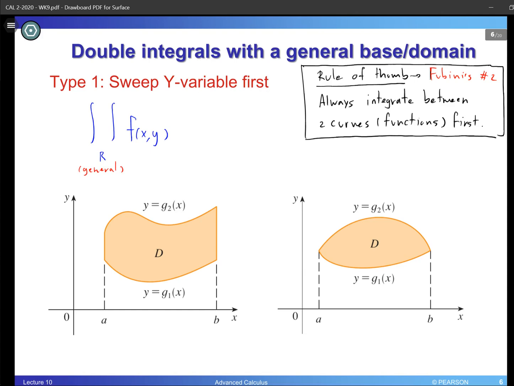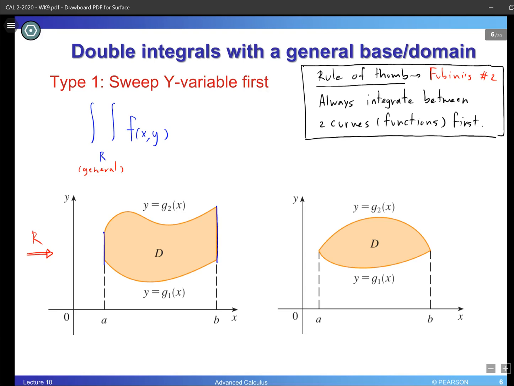So let's assume that the shape is shown right here in the figures down here. This is the shape of R, and let's take a look at the left one first. When you see something like this, you see right away that the left and the right boundaries are straight lines, so they are constants. I'm going to use blue again for that, for the left and the right boundaries.